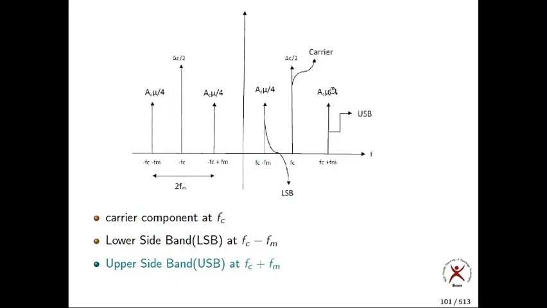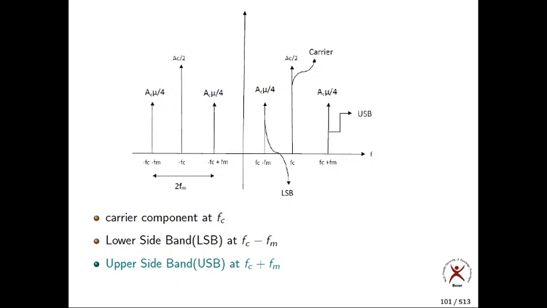The USB and LSB carry information, but their amplitude is less, whereas the carrier does not have any information, but it has more amplitude. In other words, the signal with no information is using more power or amplitude compared to the signals carrying information. That's why power is wasted.